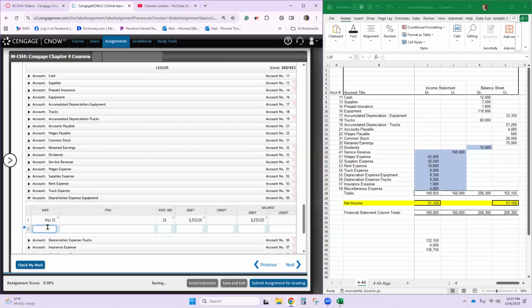Depreciation expense, it's a credit of $8,350, which leaves us with a 0 balance in depreciation expense equipment.